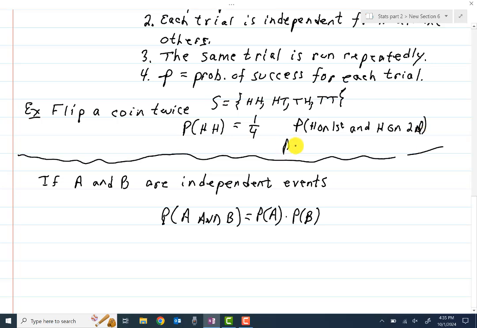I can break that up into the probability of H on the first coin times the probability of H on the second coin. And the probability of each of those is 0.5. So that's going to be 0.5 times 0.5, which you'll see is 0.25. So I'm able to get this probability without having to look at the sample space. I can get it just based on the problem itself.